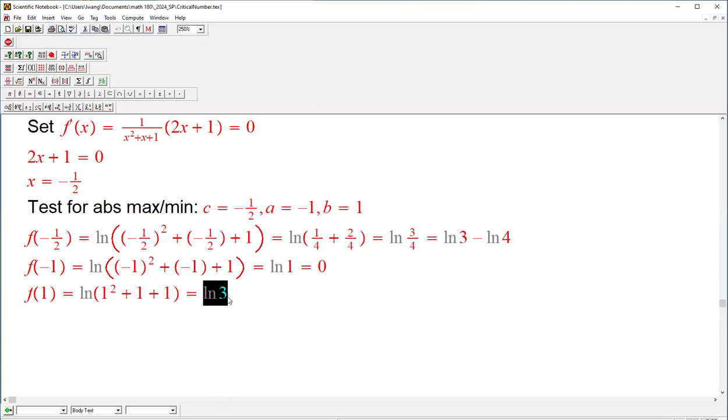This is ln 3. And this is ln 3 subtract something. It's definitely negative, right? So that is going to be the absolute min. And what's the absolute max? Absolute max is this guy, right? 0 is between a negative and positive.